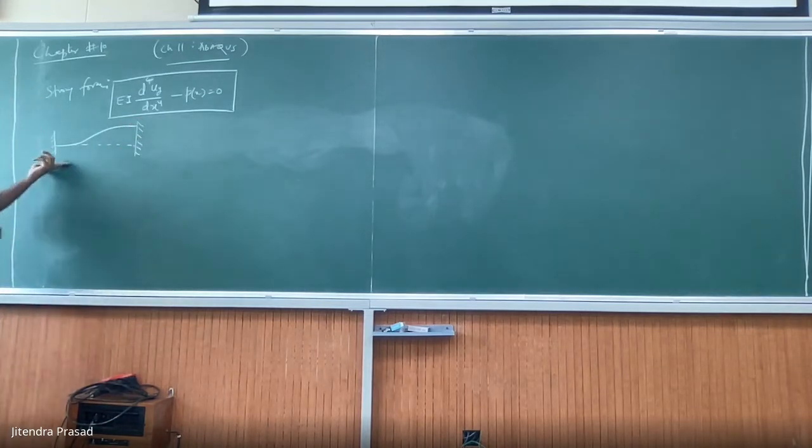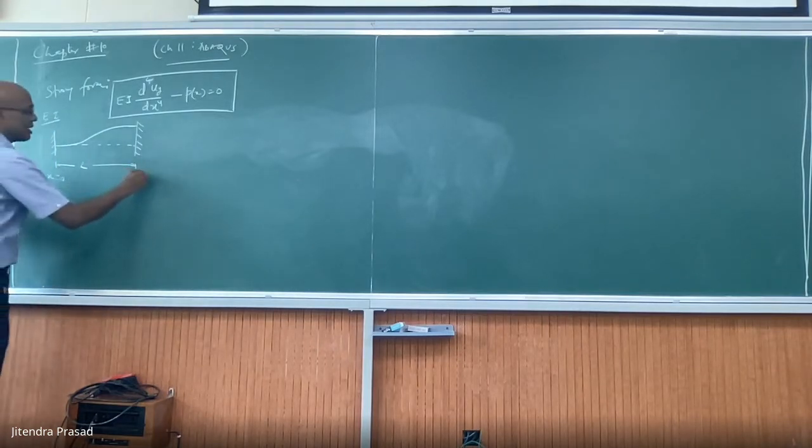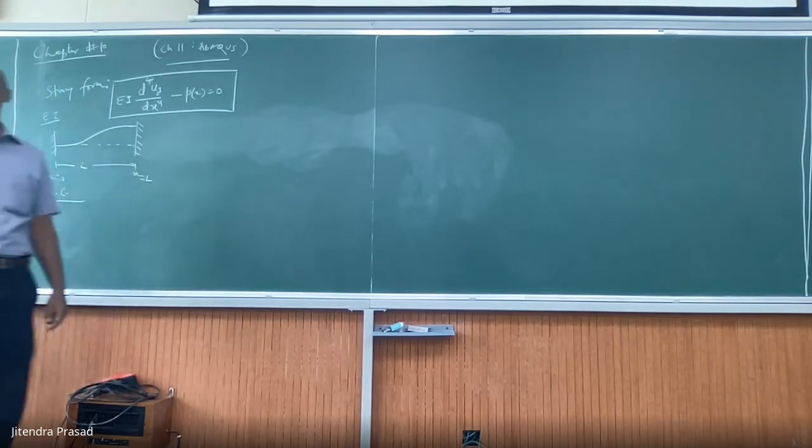This is the problem you are going to solve. This is L, let's say, and EI is given for it. This is x equal to 0, x equal to L. Which all things are given in this case for the boundary conditions?